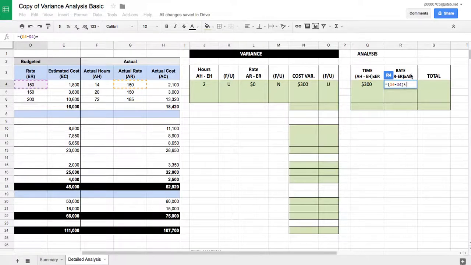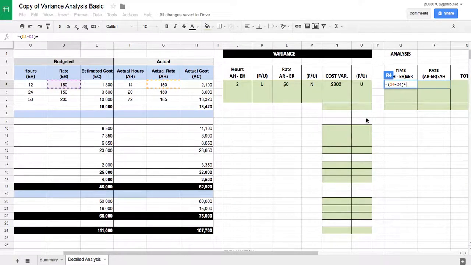So actually our formula is wrong. Sorry, this should be actually our difference in hours. No, sorry, there we go. Our estimated hours, there we go.